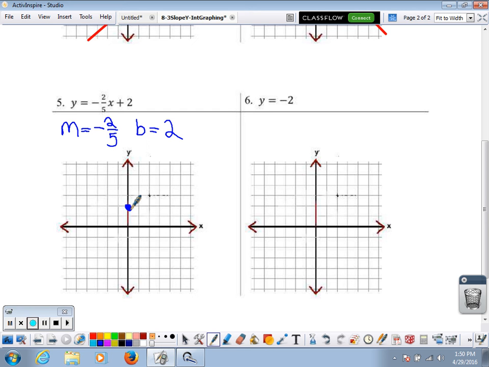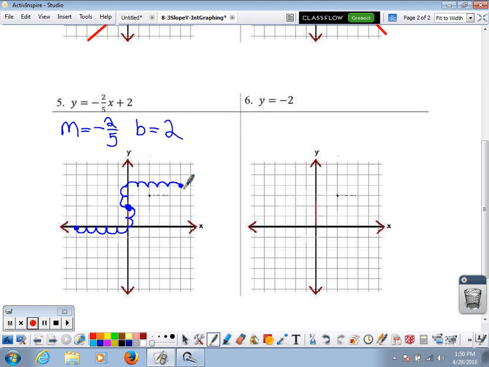She plots a point on the y-axis at y equals +2, because that's what the y-intercept is. Now, she's counting. She's erasing back to the pen, and she counts down 2, and she counts to the left 5, plots a point. And then she's counting up 2, and to the right 5.